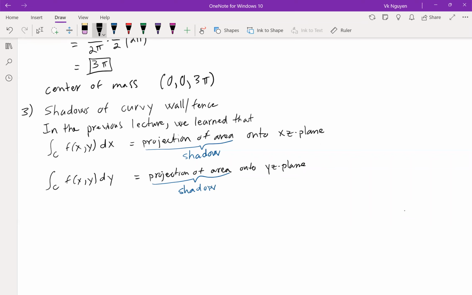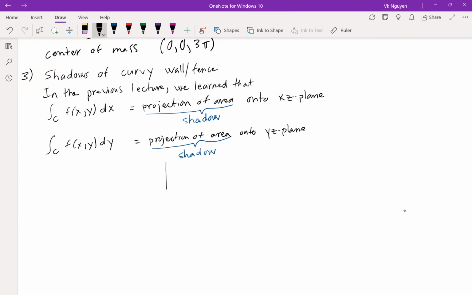Okay, let me do a sketch here so you can see that. Let's say that you have this curve C. It looks like C here, and then up here is going to be the same C.